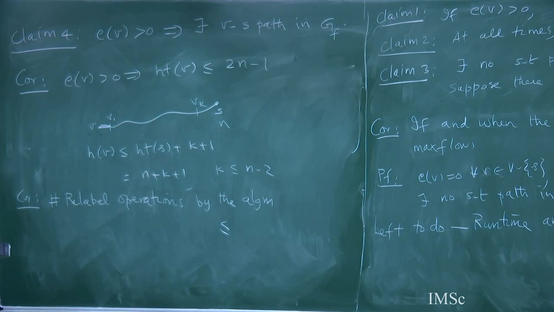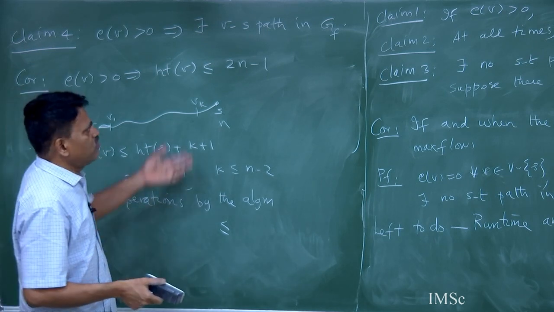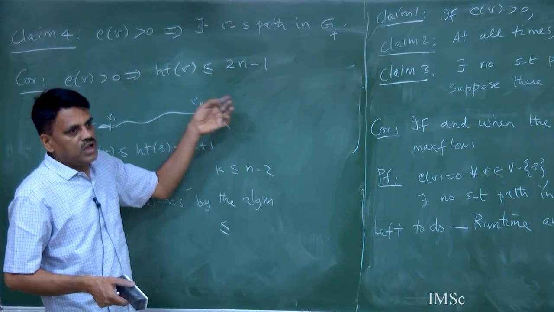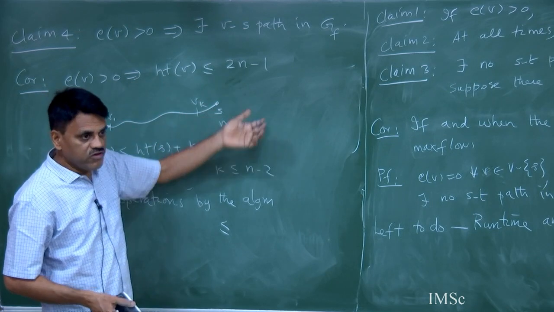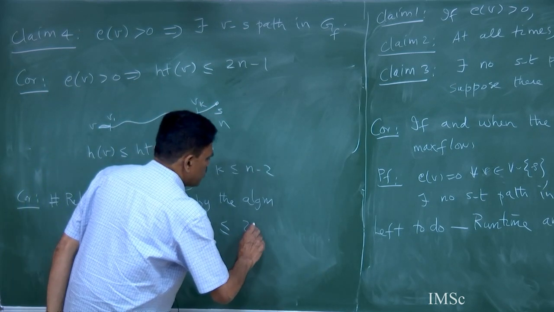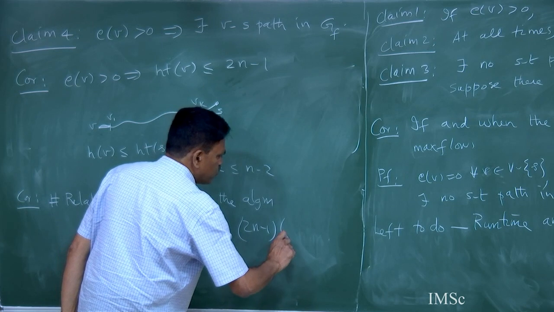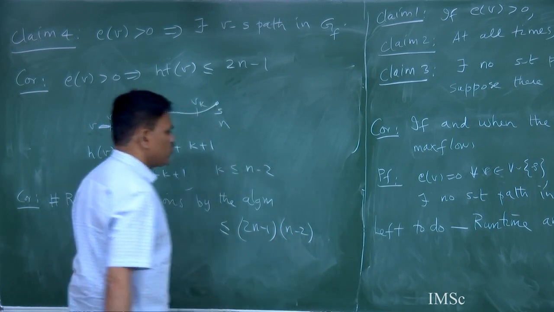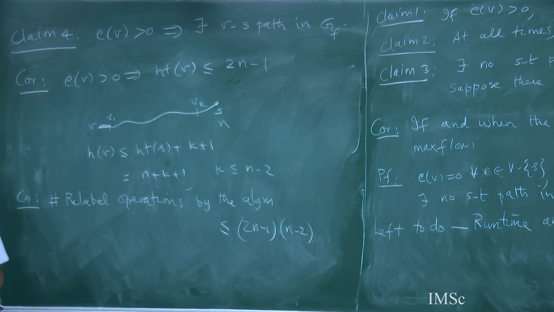It might do it one at a time. It starts with 0, goes all the way up to 2n minus 1. Do it for every vertex. So this is at most (2n minus 1) times (n minus 2), right? Because you can only increase the heights of everything except S and T. Okay, so I bounded the number of relabel operations.